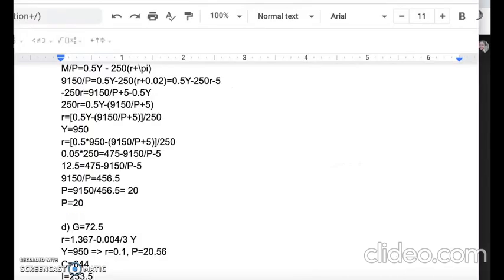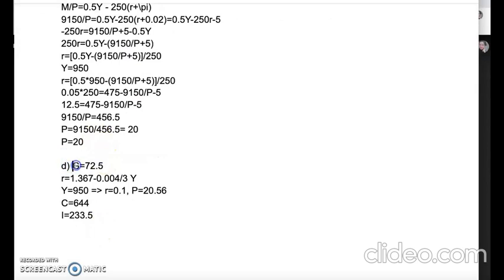To do so, first with given G, our equation for the IS curve becomes this, and using the full employment output 9,950, we will get our interest rate equals 10%.